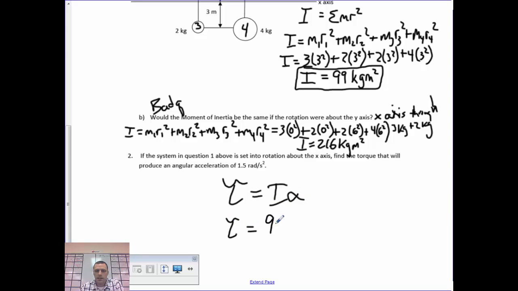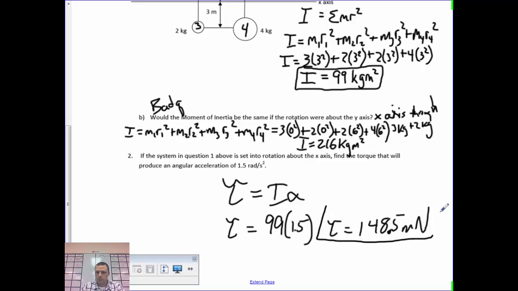I is 99, and alpha is 1.5. So torque equals 99 times 1.5, which is 148.5 meter newtons. And there's number 2.